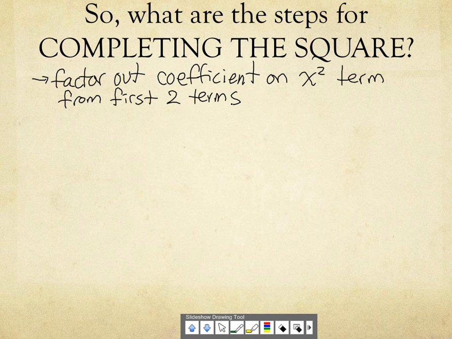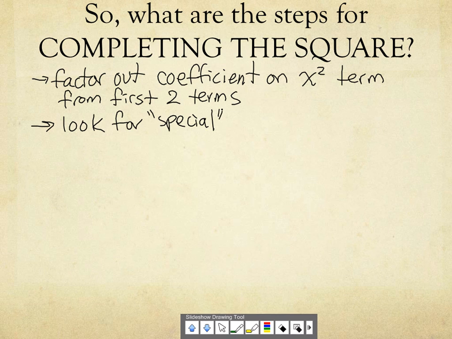Okay, then you look for your special number, which comes from the middle term. I've been doing that in red before. It's the most recent middle term, because your middle term would have changed once you factored out the coefficient from it.